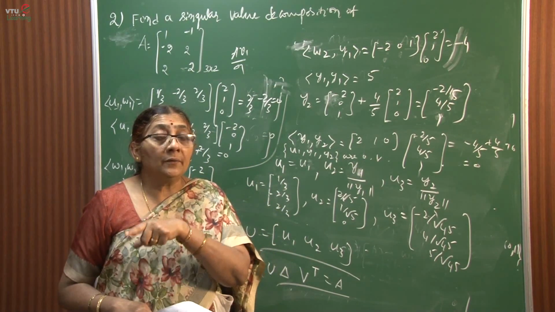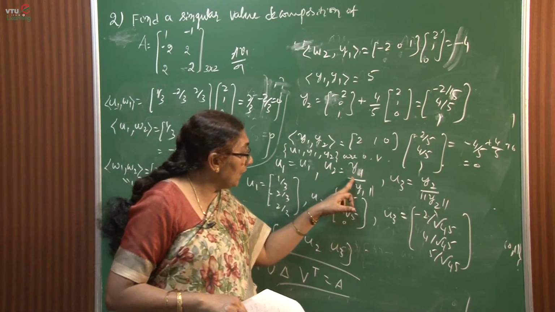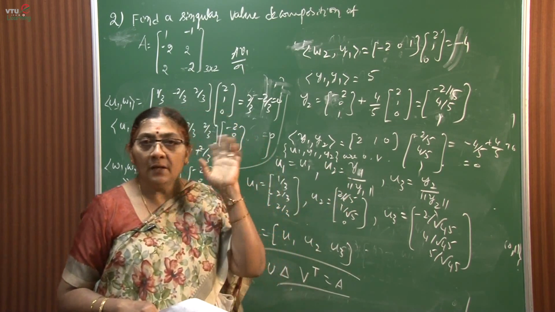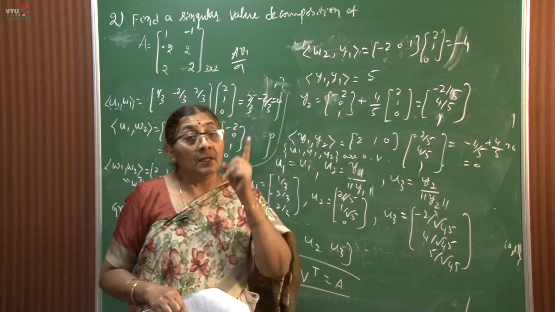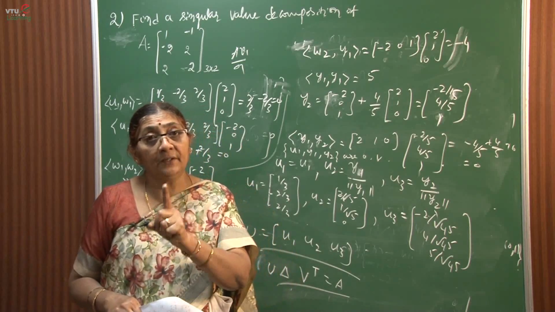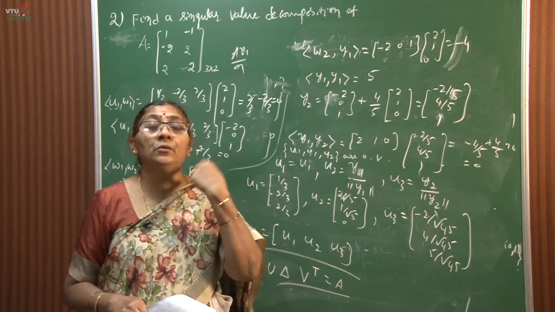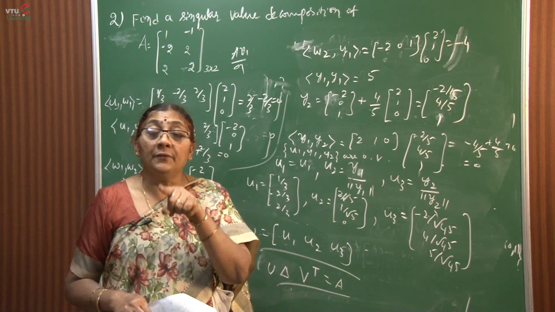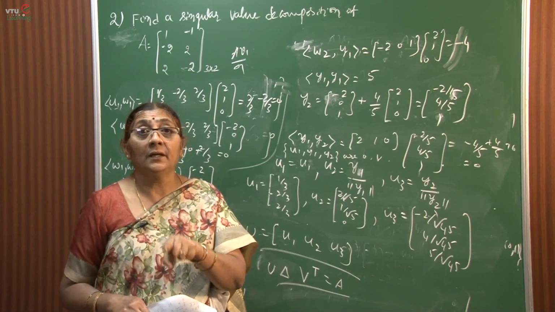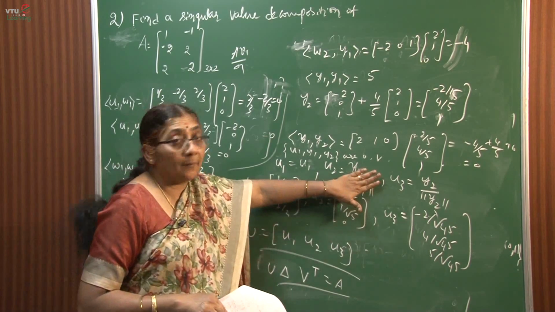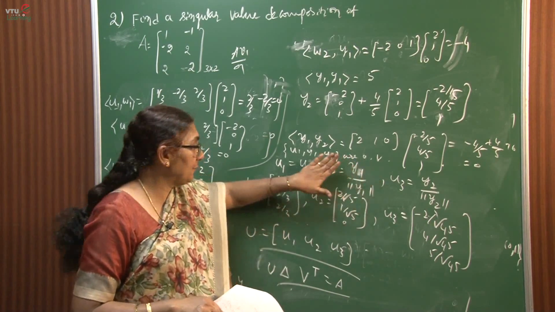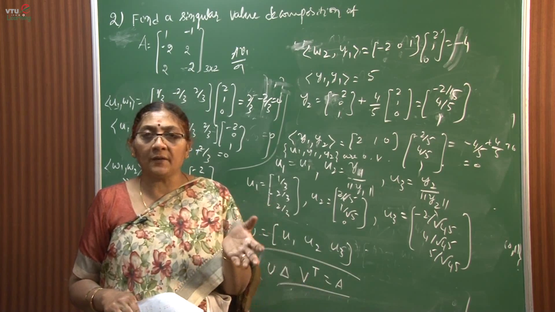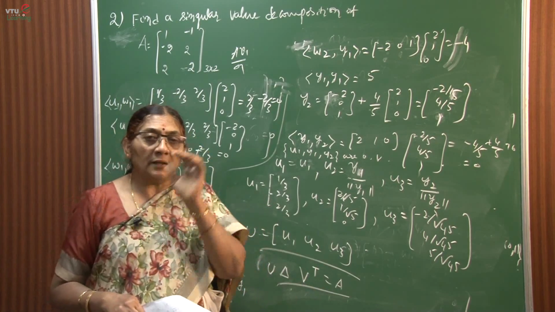If you want orthonormal vectors, you have to normalize the corresponding vectors to get u2 and u3, as we discussed in the Gram-Schmidt process. Keep in mind, when you convert non-orthogonal vectors to orthogonal vectors using the Gram-Schmidt process, they are not normalized.